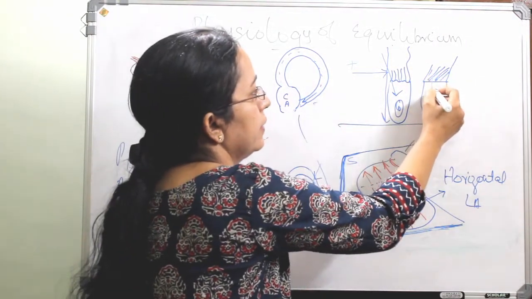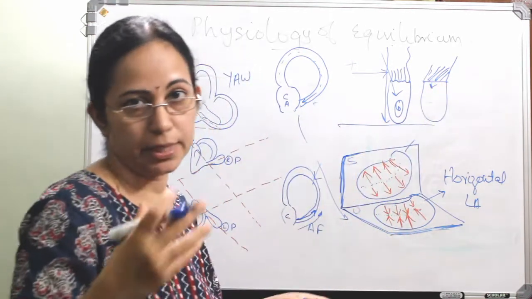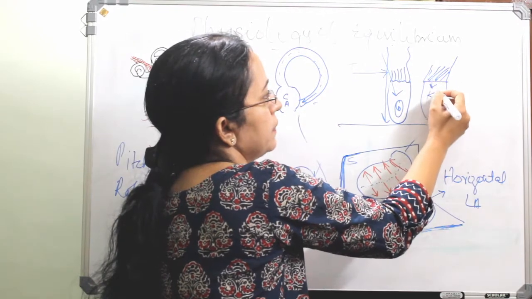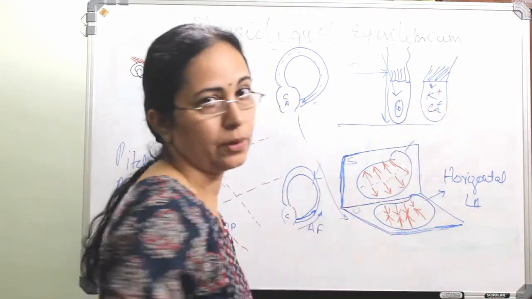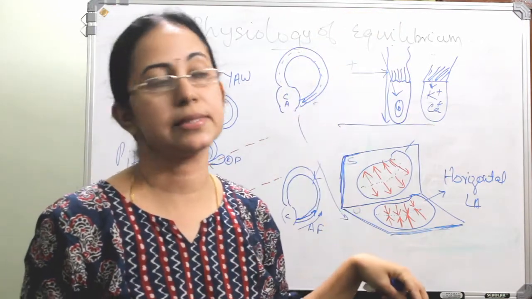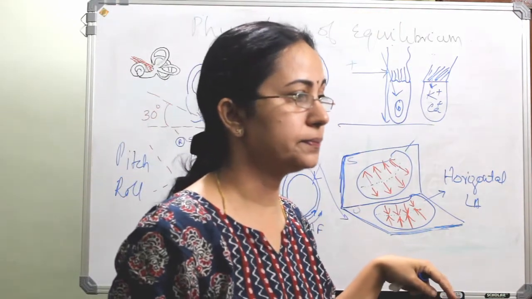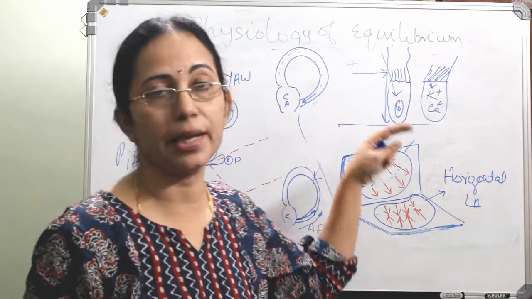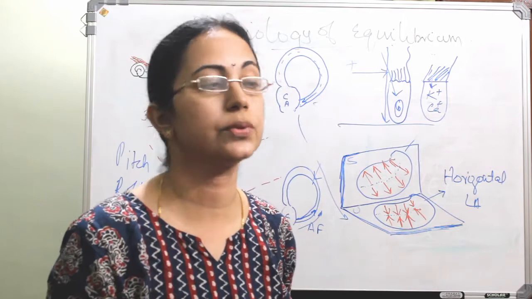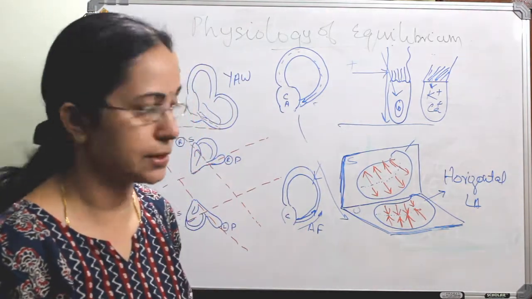And when the ionic channels are opened, there is influx of potassium as well as calcium. More of potassium and calcium will flow into the hair cells, so that what happens? There will be neural excitation, and also there will be release of neurotransmitters into the synapses. Okay.